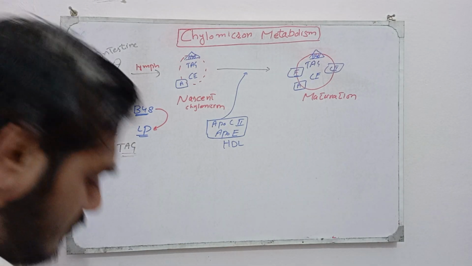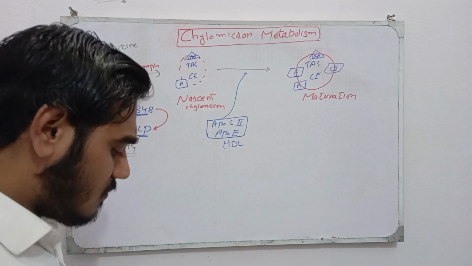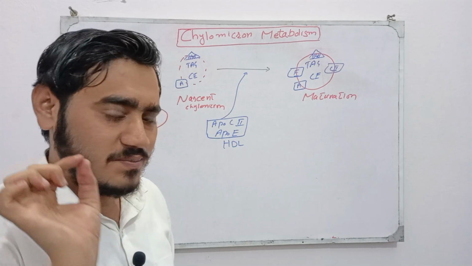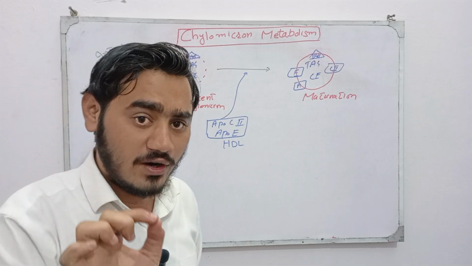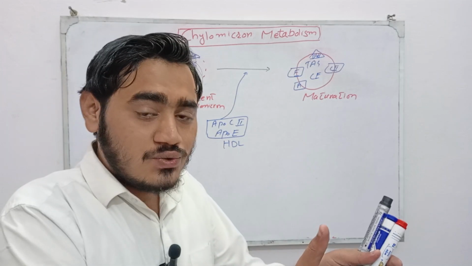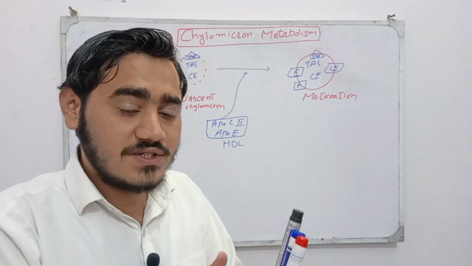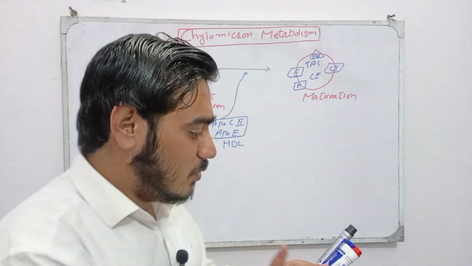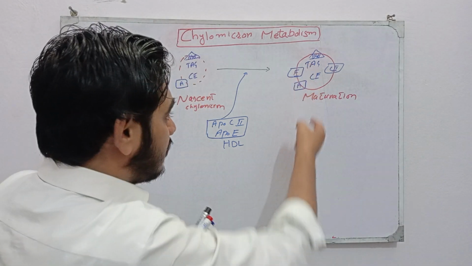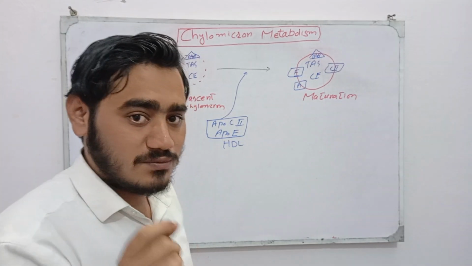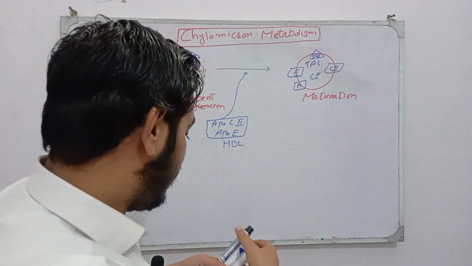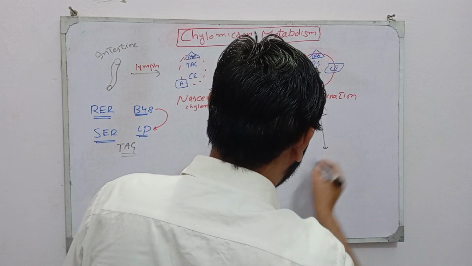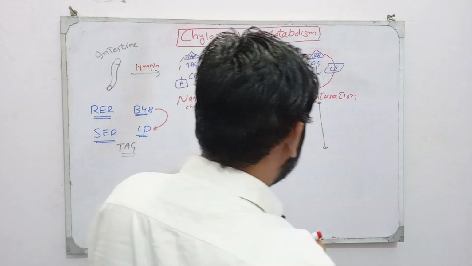In the next step, students, the lipoprotein lipase enzyme is present on the capillary wall. It gets attached to the endothelium surface by heparan sulfate. This lipoprotein lipase acts upon triacylglycerol and is responsible for the hydrolysis of triacylglycerol in peripheral tissues.